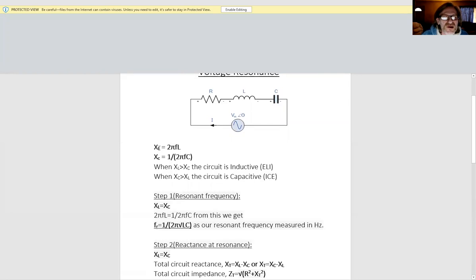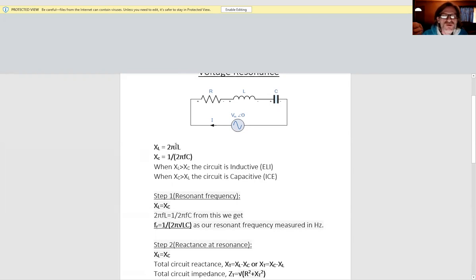At this point, we know that X of L is equal to 2 pi FL, and X of C is 1 over 2 pi FC, and how that reacts to frequency. The inductive reactance with frequency is a direct response, and the capacitive reactance is an inverse response. What does that mean in broad terms?